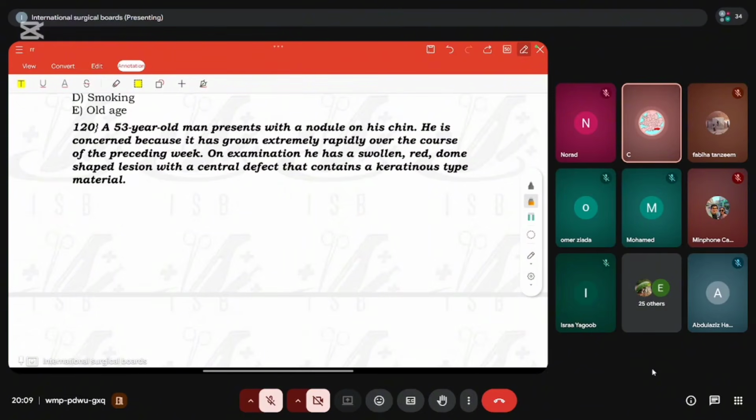A 53-year-old man presents with nodule on his chin. He is concerned because it has grown extremely rapidly over the course of the preceding week. He has a swollen red dome-shaped lesion with a central defect that contains a keratinous type material.